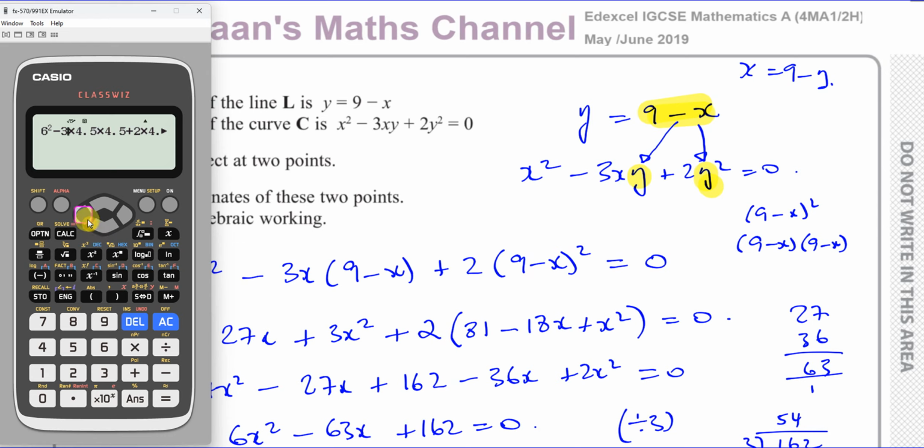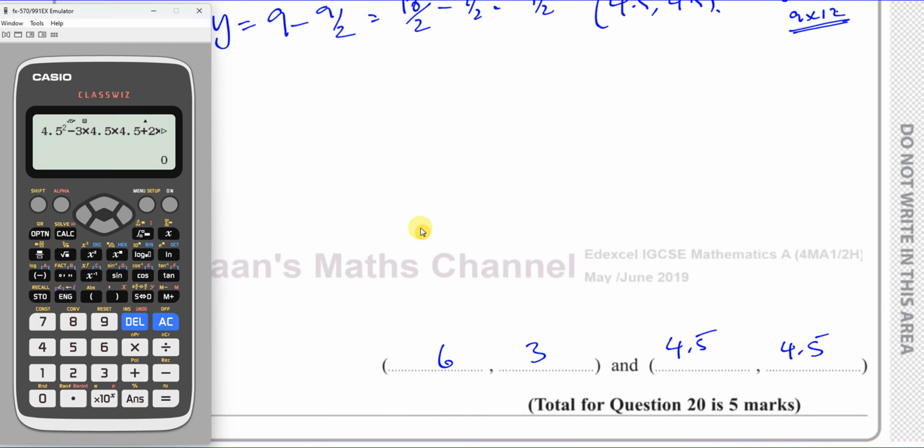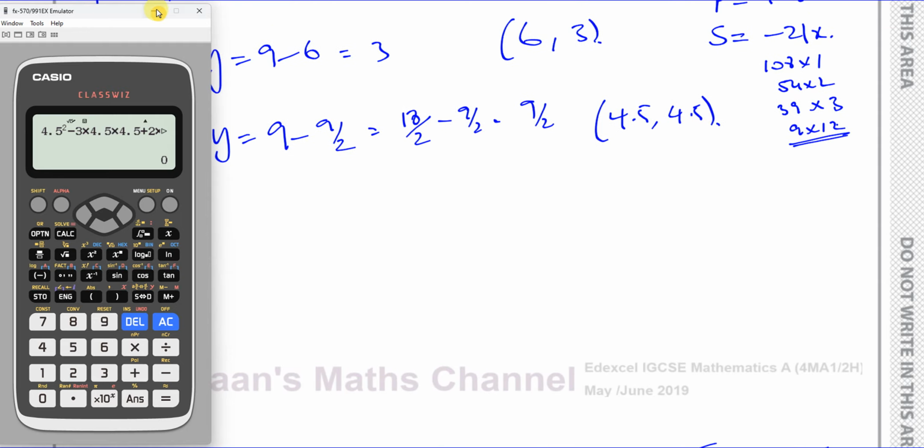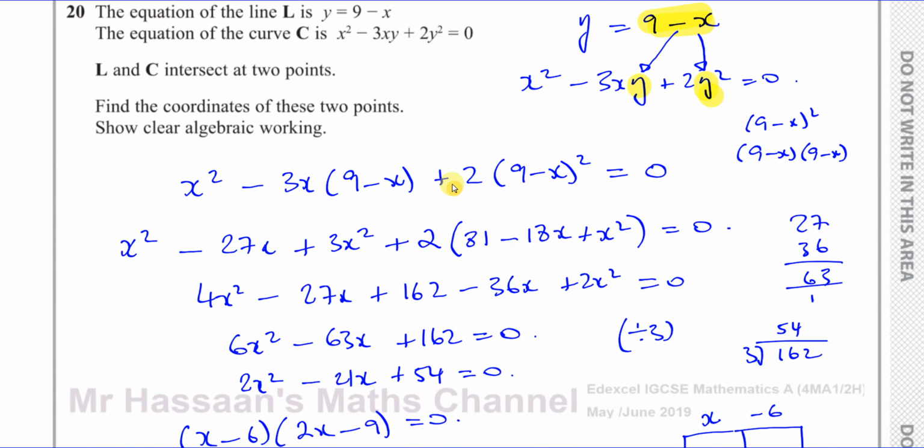We press equals, again it gives us 0, so we know that those two values satisfy both equations. 9 minus 6 is equal to 3, and 9 minus 4.5 is equal to 4.5, and they satisfy both equations. So you can make sure at the end that your answers are correct by doing that. So there we have the answer to this question.